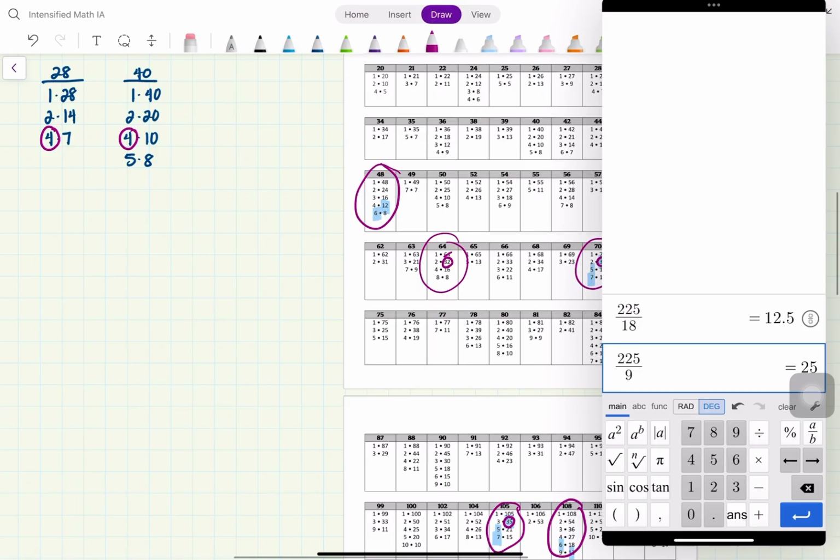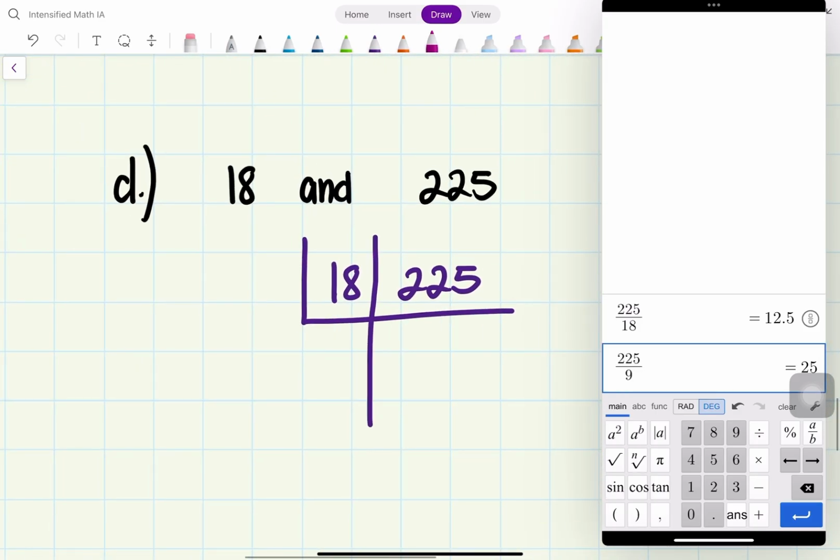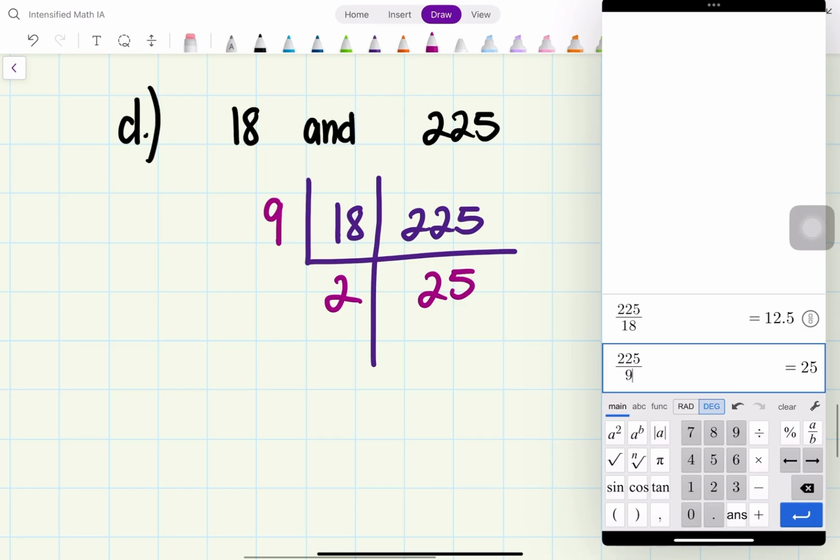So let's go back, guys. GCF here is actually going to be a 9. 18 divided by 9 in this case, guys, is 2. And then 225 divided by 9, we just saw, is going to be 25. All right. And if we check this, guys, 2 is a prime number, and 2 really doesn't go into 25. So that's actually it. So let's go ahead and write our answer. GCF, greatest common factor in this case, guys, should be 9.